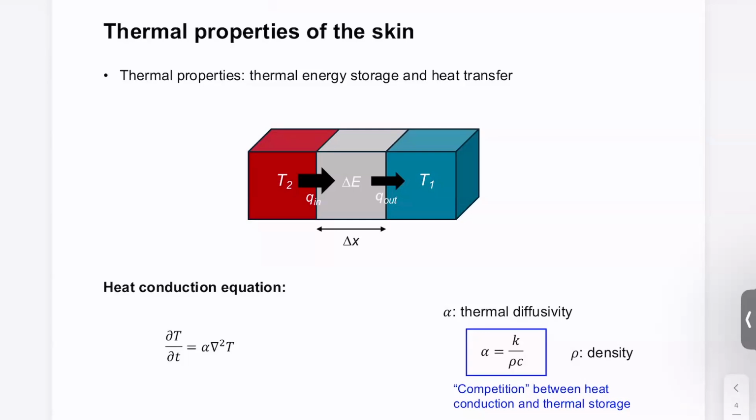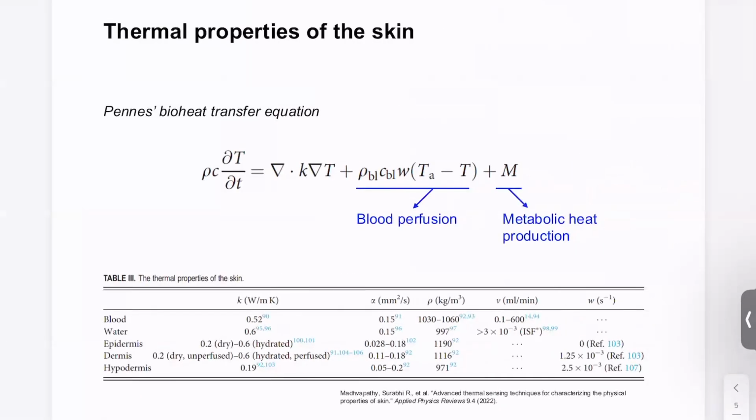A high thermal diffusivity means heat diffuses and spreads very quickly, and low diffusivity means heat is retained locally. It doesn't diffuse away quickly. So with a high thermal diffusivity, your temperature changes quickly. With a low diffusivity, your temperature doesn't change quickly.